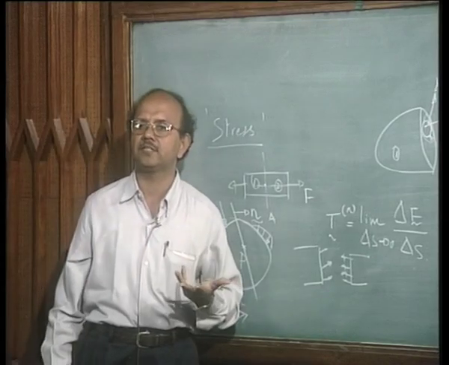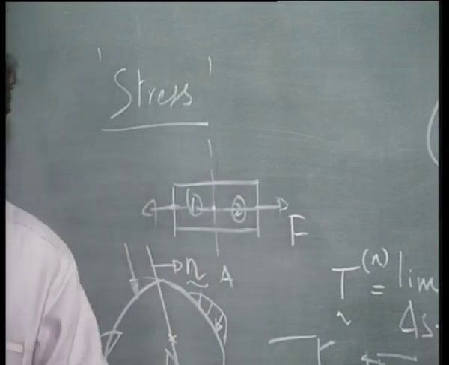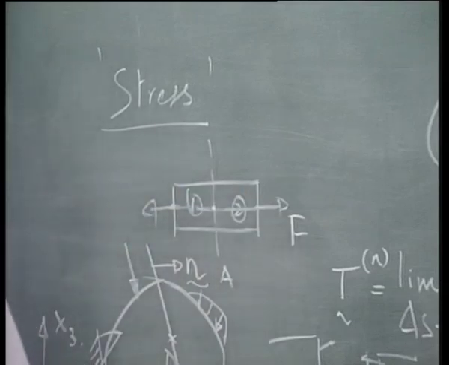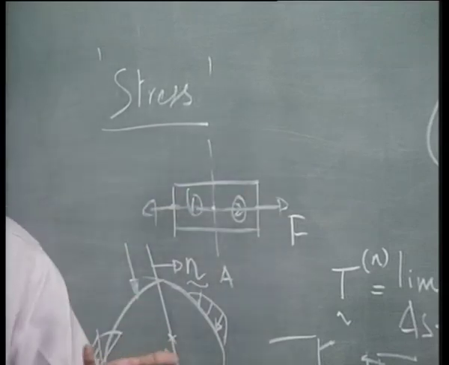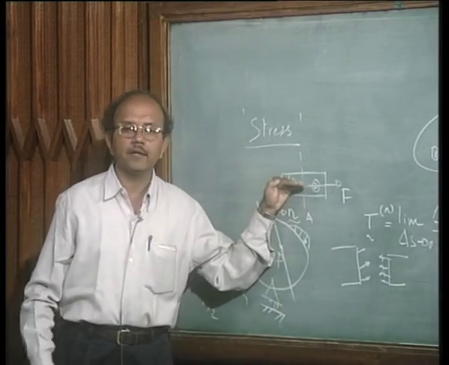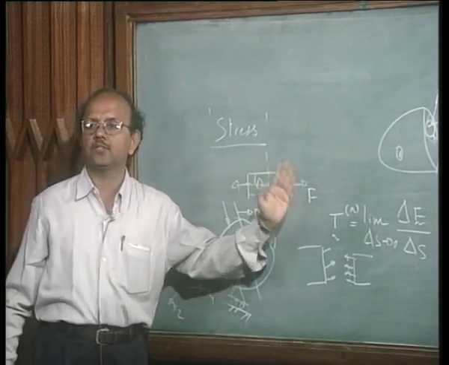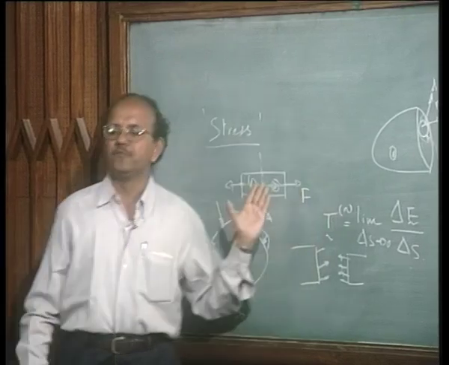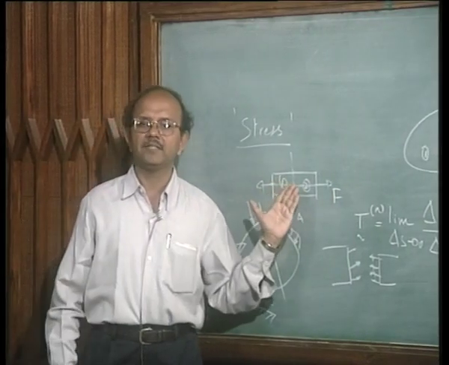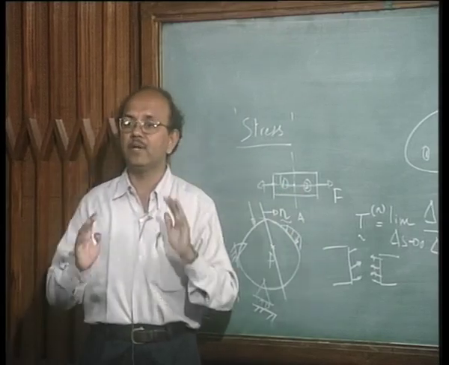what would be the stress with respect to that plane, okay, with respect to this plane? If I had cut a body like that, what would it be? It would be 0, right? Or in other words, at this plane the stress would be 0, whereas on this plane the stress would be F by A. Or in other words, physically we know that stress would depend upon the plane, right? How exactly does it depend?